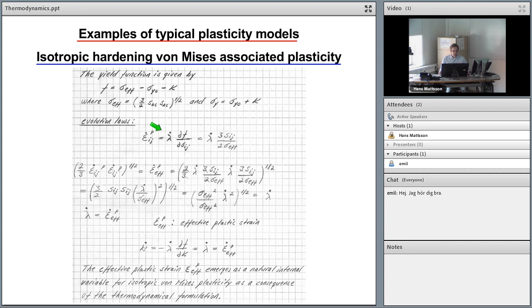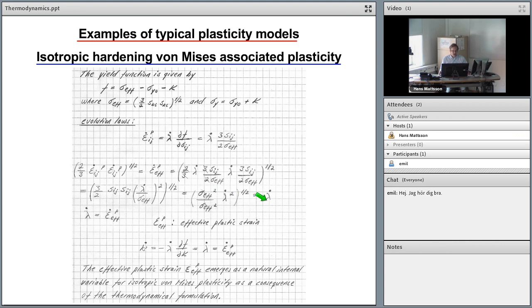We take the evolution laws for associated plasticity here, and we see that it will be like this. Then we can define the effective incremental plastic strain like this here, and by substitution of the flow rule here, we get this result, and this result, and this result, and everything goes away, so we are just left with the plastic multiplier.